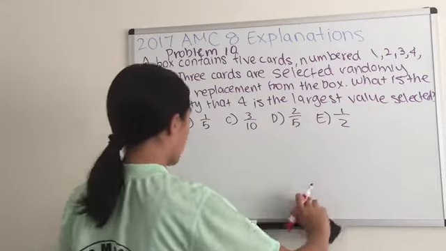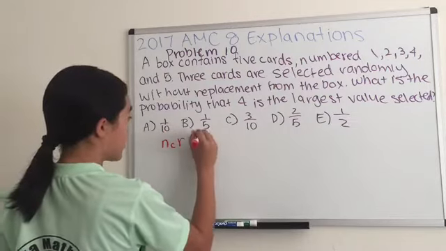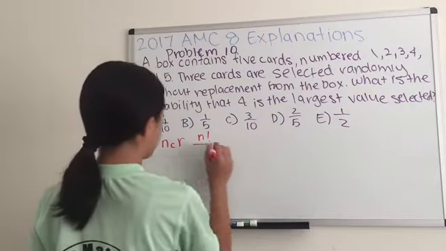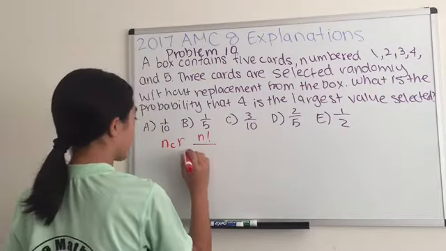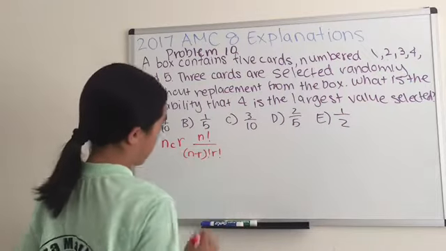So this is basically in the format of n choose r, which is n factorial, which is when you multiply all the numbers from that number and down, over n minus r factorial times r factorial.